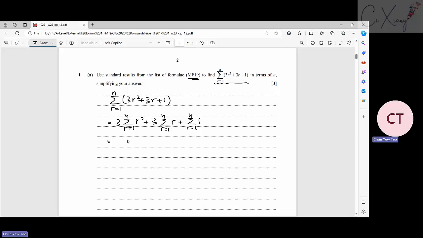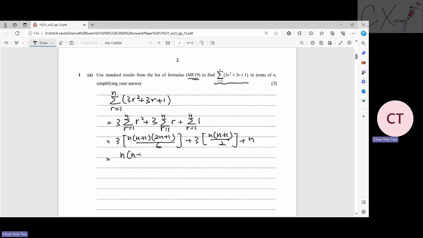Then from the formula booklet, MF19, you get n times 3n plus 1 times 2n plus 1 over 6, plus 3n plus 1 over 2, plus n. You can see that they have a common factor n, so we can take the n out.